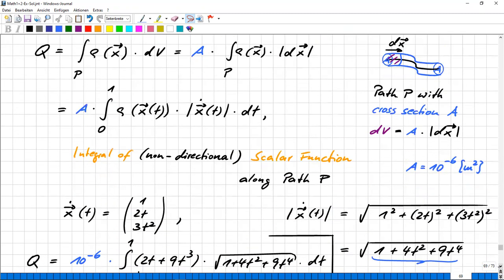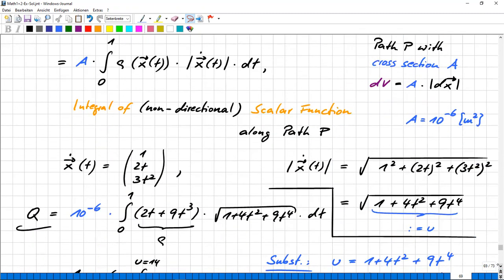So I wanted to avoid this, and that's why I used a little trick and chose my rho function in a way that it turns out to be sort of the derivative of the radicand function here for our comfort. Okay, but just don't care. So inserting A, the cross-section area, to be 10 power negative 6 in SI units, in the unit m squared, which I leave away here.